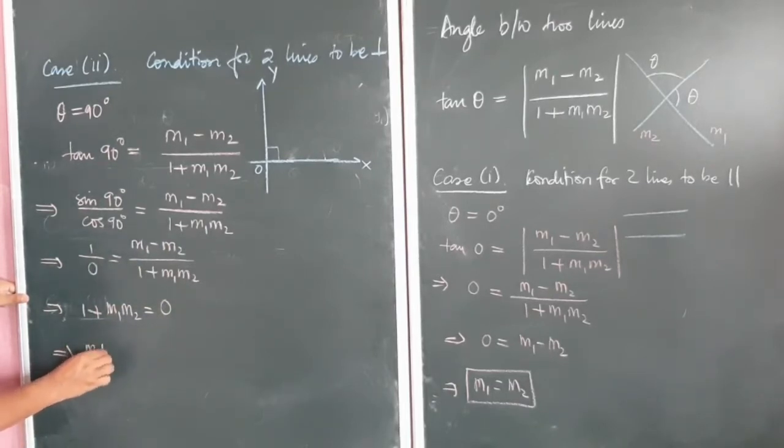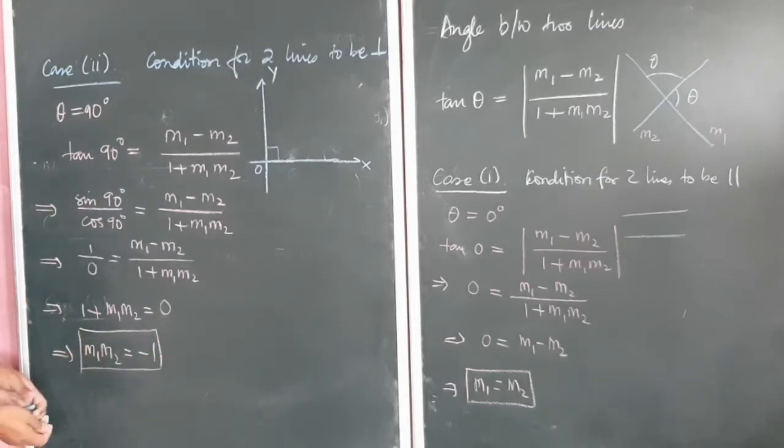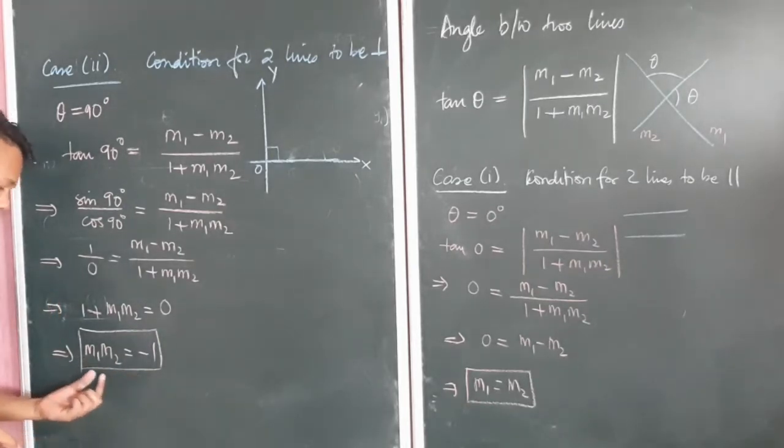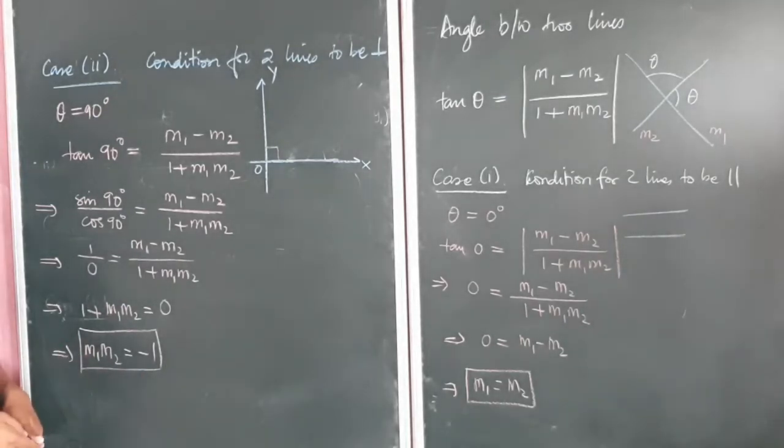I am saying that m1 m2 equals, this 1 goes over there, becomes minus 1. So the condition for two lines to be perpendicular is that the product of the slopes has to be equal to minus 1. Then only the lines will be perpendicular to each other. I hope the conditions are clear to you.